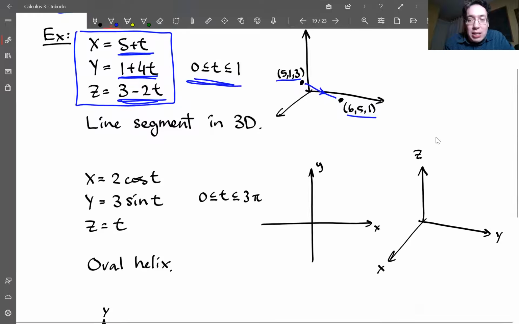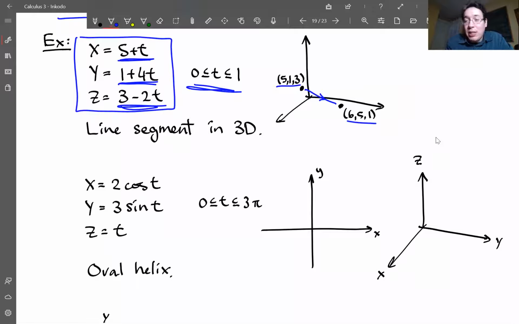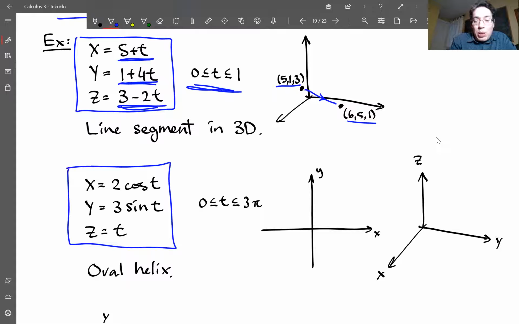Okay, let's look at a different one. It doesn't have to be a linear function. Let's look at trig functions. This is a little more difficult to look at, but we know from trig that the two-dimensional curve (cosine t, sine t) traces out a unit circle in the counterclockwise direction from 0 to 2 pi.